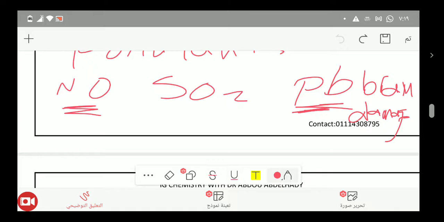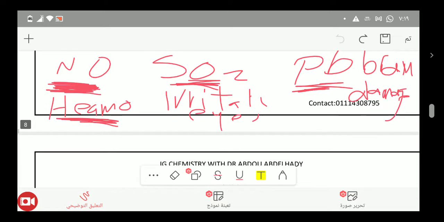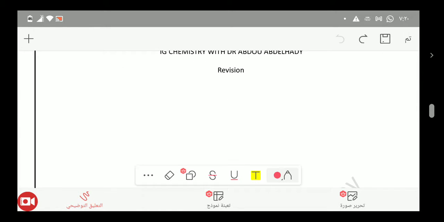Lead has no effect on the respiration process but affects the brain. SO2 irritates the eyes and makes acidic rain. But nitric oxide will combine with hemoglobin instead of oxygen and cause poisoning. So we say that nitrogen oxide is poisonous.